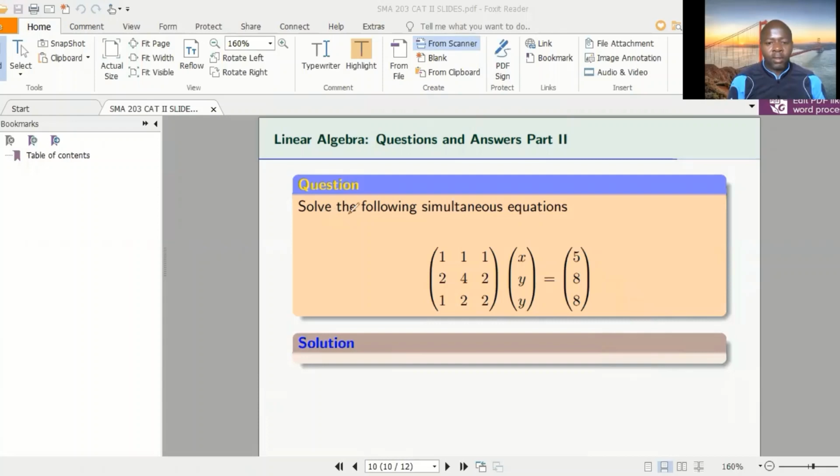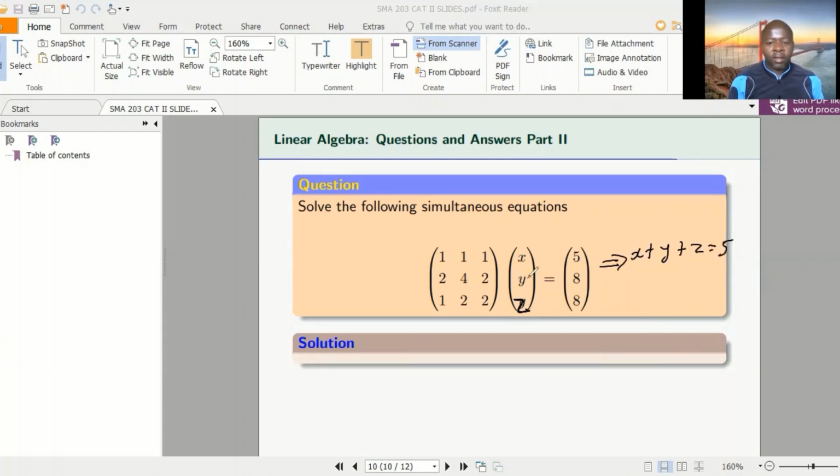Now, this question says solve the following system of equations. So this is what we know. If I multiply this row by this column, I would have x plus y plus z is equal to 5.